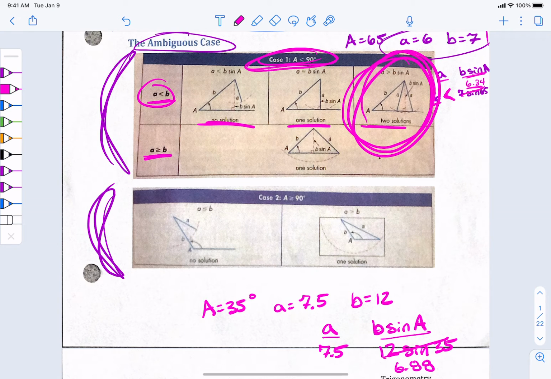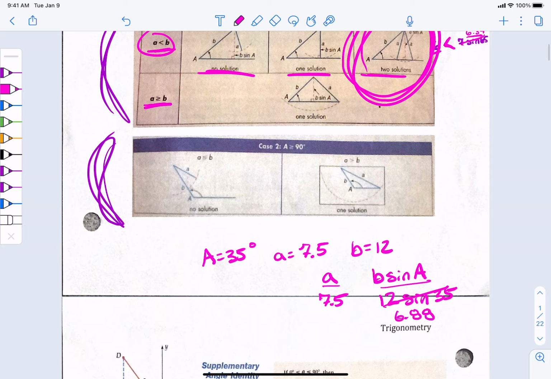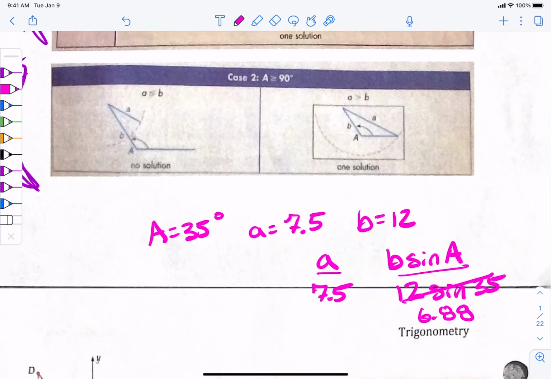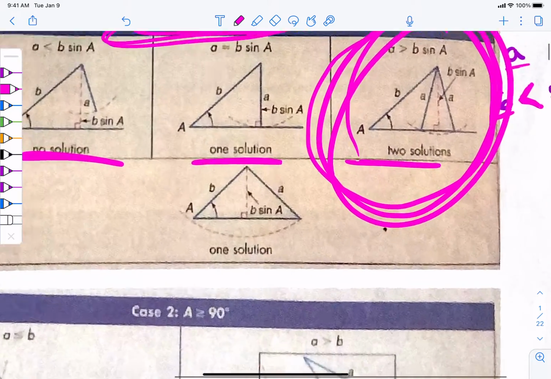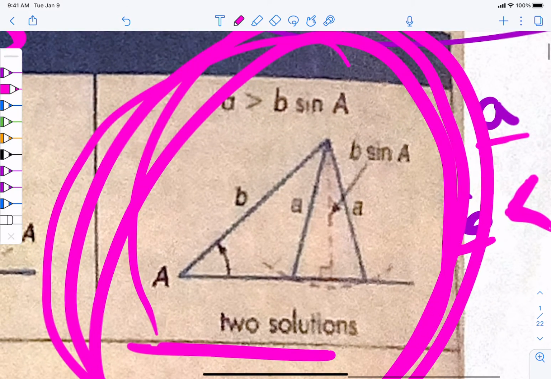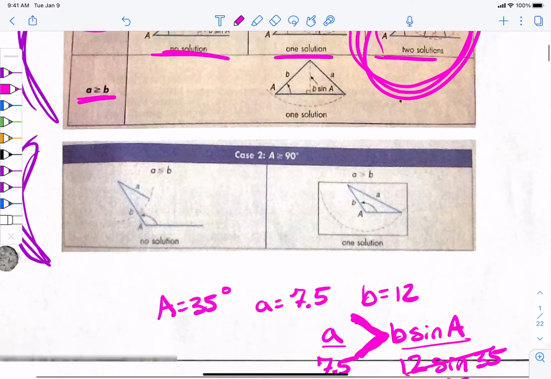Okay, and we're going to cheat. 6.88 is smaller than A, so we have this relationship going on. Okay, so it is a two solution one.